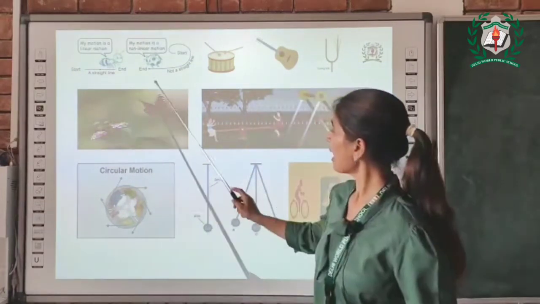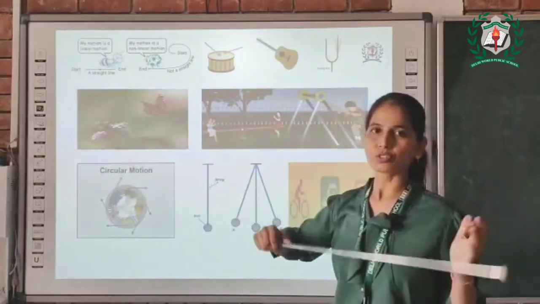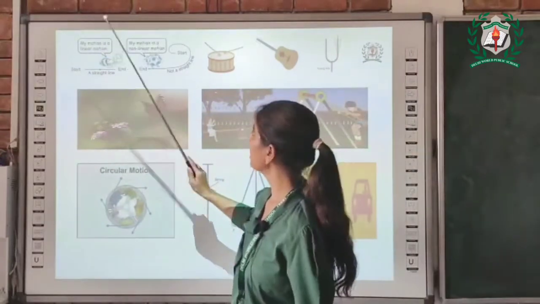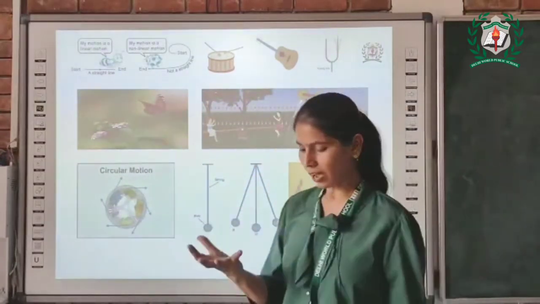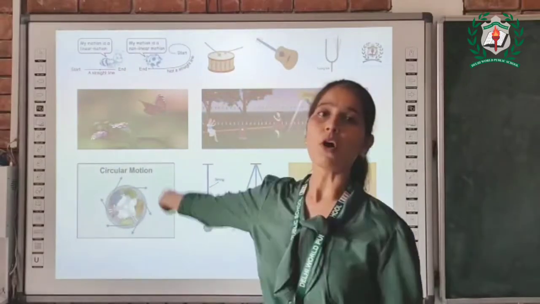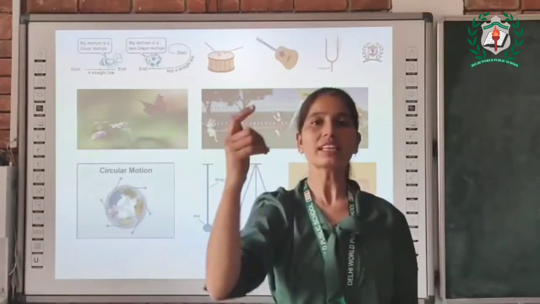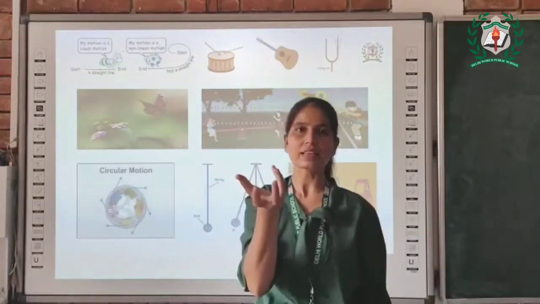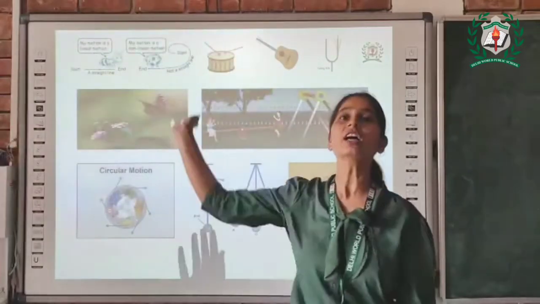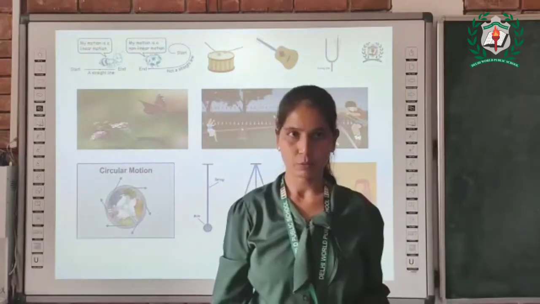As you know, an ant moves in a straight line, so this type of motion is known as linear motion. If a bowler in cricket throws a ball, that type of motion is known as curvilinear motion, because he throws the ball in the shape of a curve.